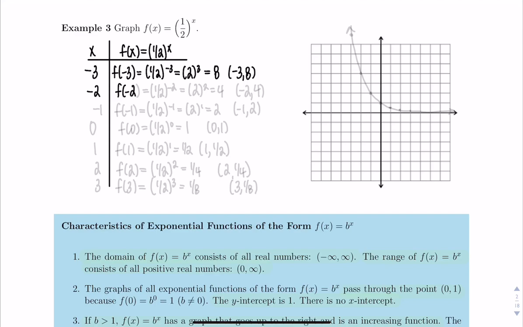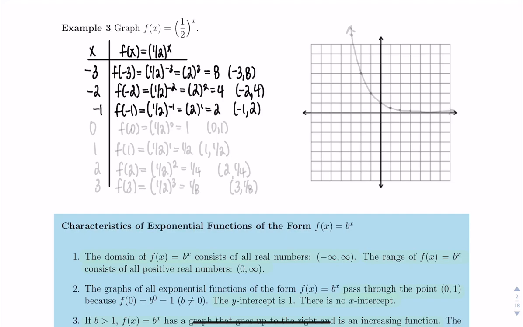F of -2 is 1/2 to the -2, and that's like having 2 squared, which is 4. So we have the point -2, 4. F of -1, or 1/2 to the -1, is like having 2 to the first power, which is 2.